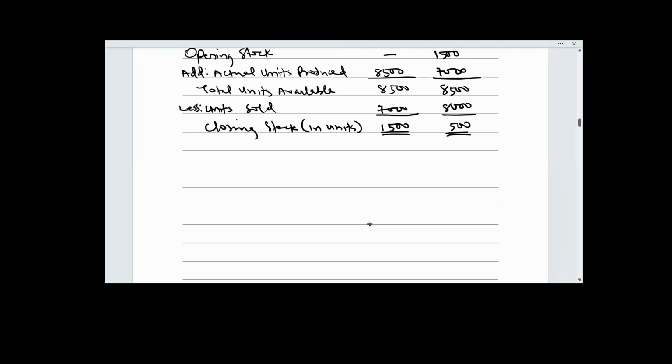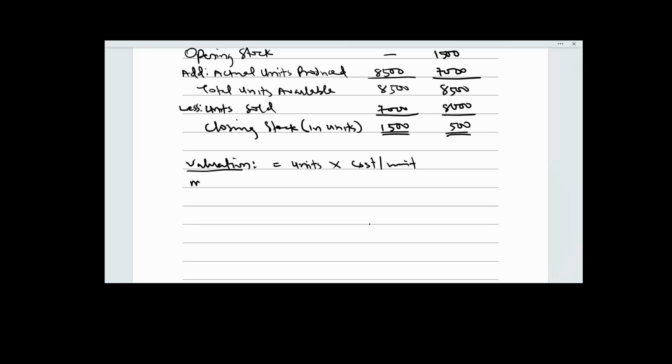Therefore, let's value it. I would then say valuation. Of course, the valuation will be the closing stock in units multiplied by the cost per unit, total variable cost per unit or total cost per unit, depending on the method you want to use.